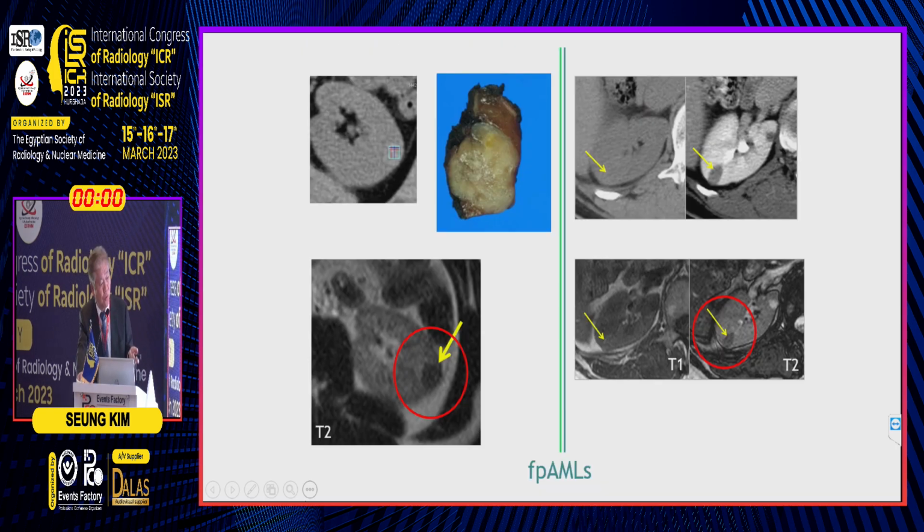These are two fat-poor angiomyolipoma MRI cases, with similar findings on CT, and similarly T2-weighted MRI shows low signal intensity.